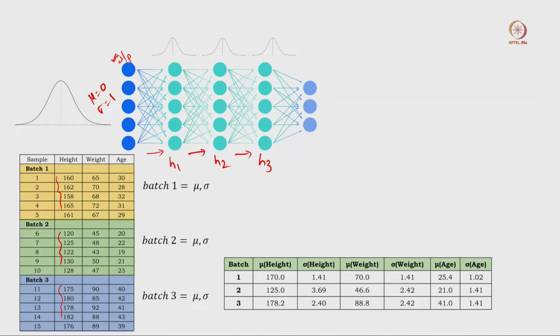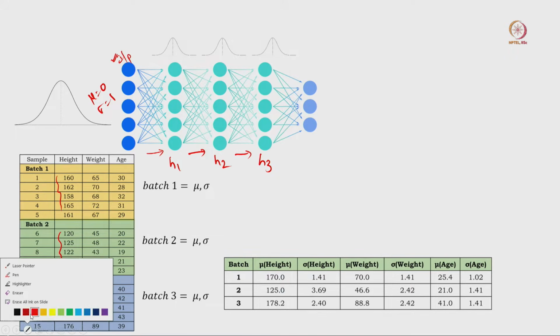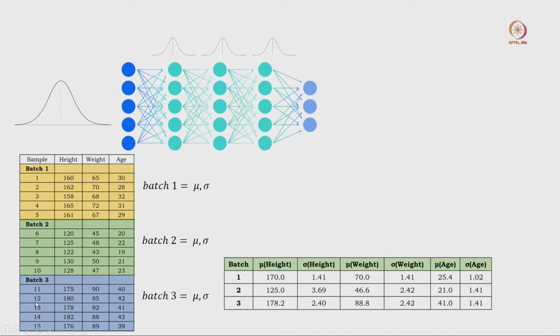This is a good approach for stability, so that any input passed, irrespective of the batch or the samples, will have the same distribution: mean 0, standard deviation 1. Rather than only at the input, we now do it at every layer. How do we achieve this? We achieve this using batch normalization.